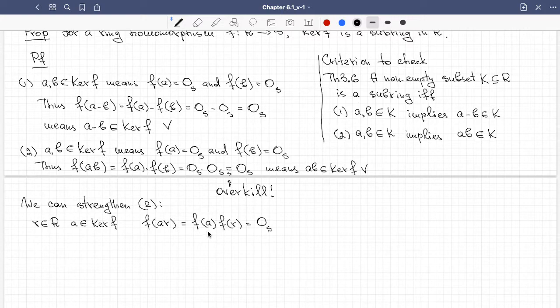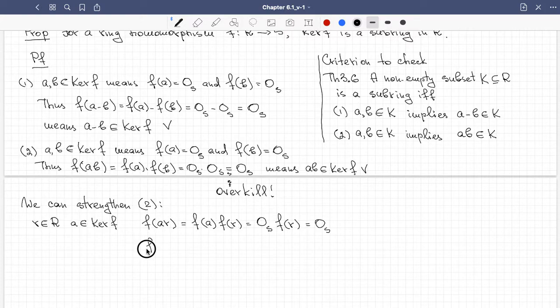So this is 0 times F of R. I don't know what that is, and I don't care. Whatever it is, an element of S multiplied by 0 in S is going to be 0 anyway.